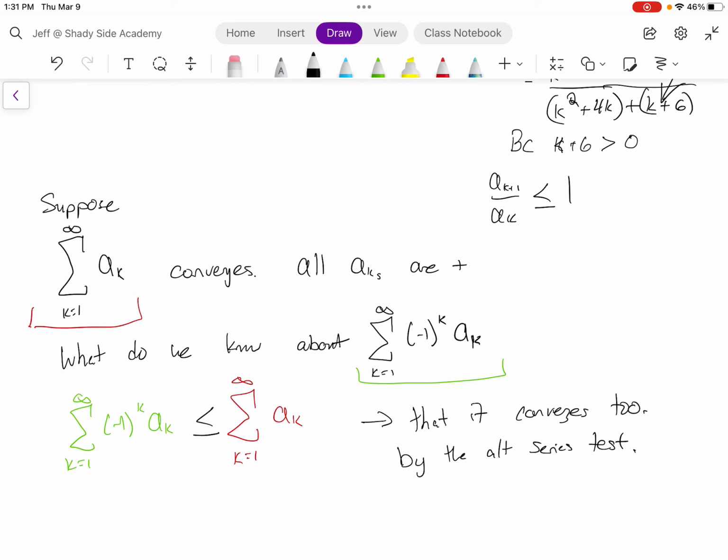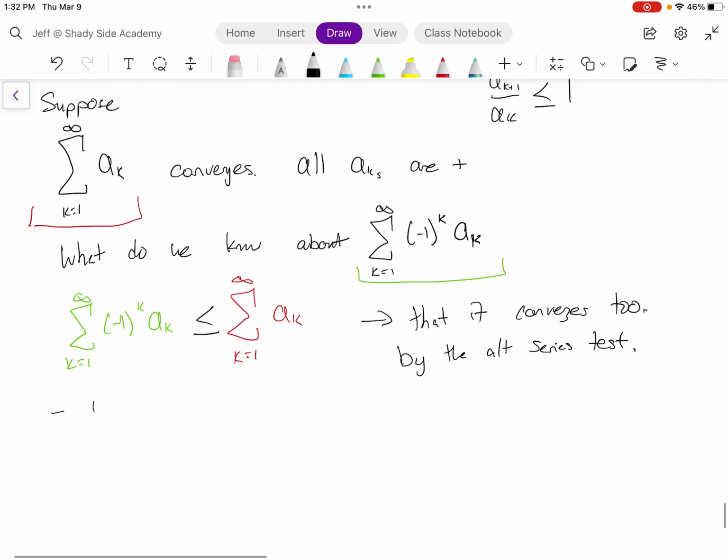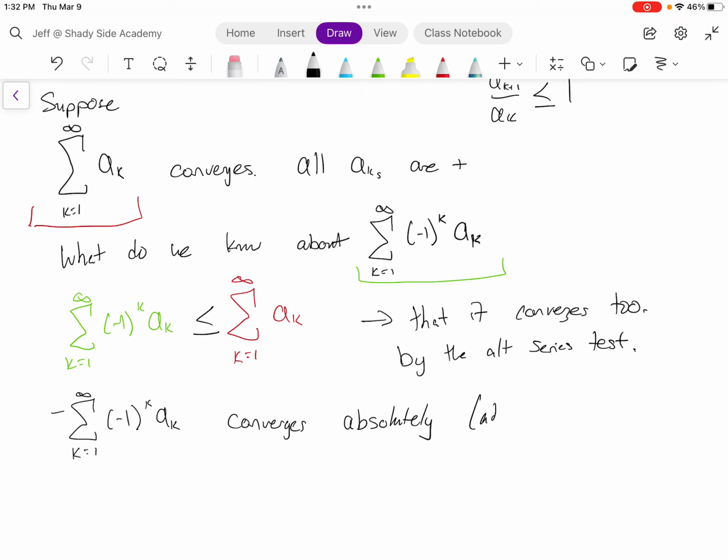Okay, and we say that the green series here converges absolutely. Or we could say absolute convergence.